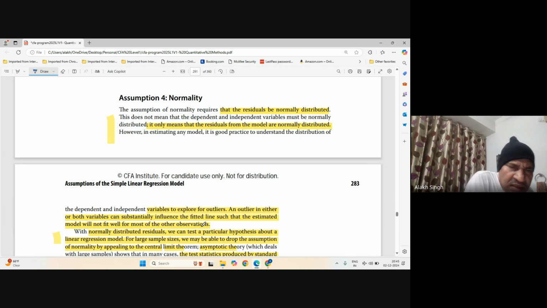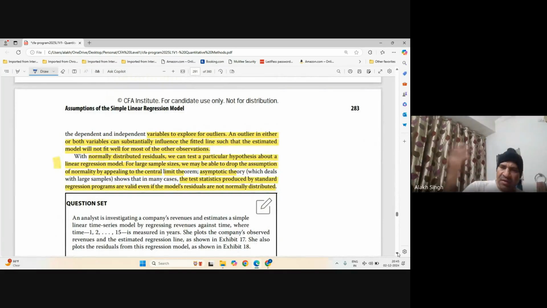If there are outliers and we fit the model, our model will be wrong. It will not fit well when there are no outliers. With normality, we can test a particular hypothesis about a linear regression model. For large sample sizes, we may be able to drop the normality assumption because of the central limit theorem.